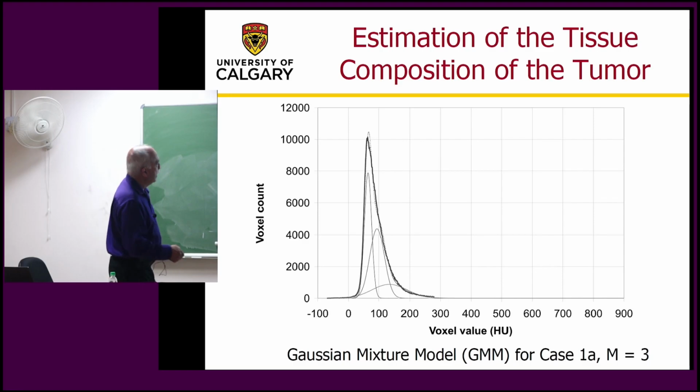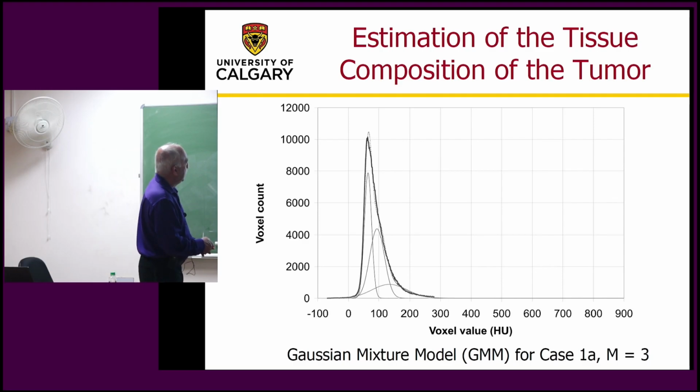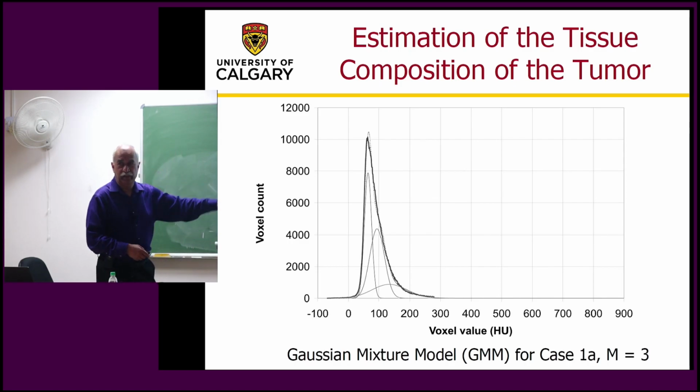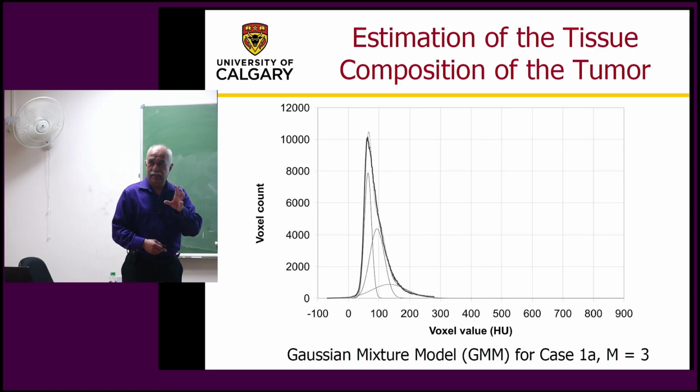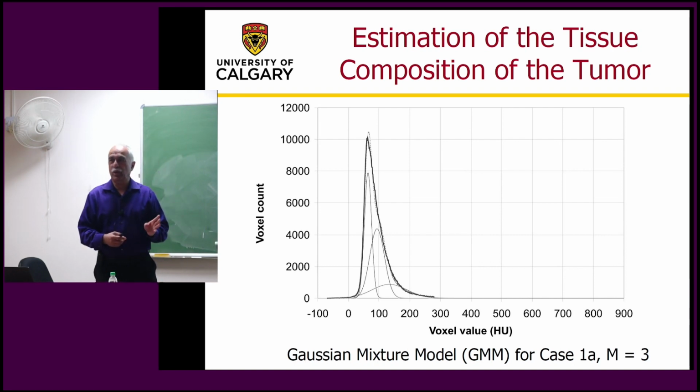So here, they're all of intermediate density. The first one has a mean around 50 or so, or maybe a little higher than 50. The parameters come later. So that is mainly abdominal tissue. This has a little higher, could be tumor. This is a little higher, could be viable tumor also.